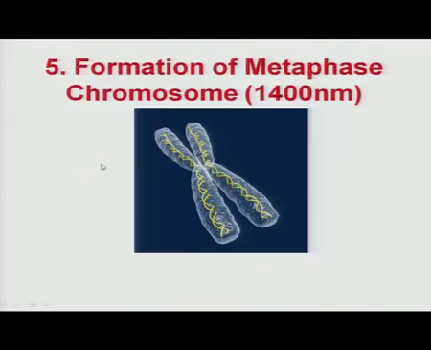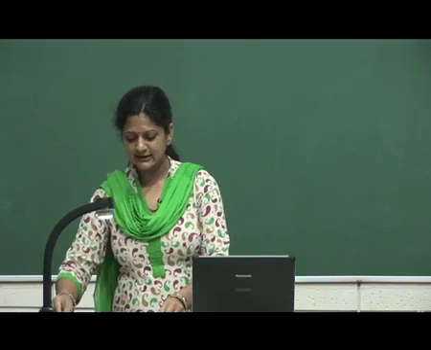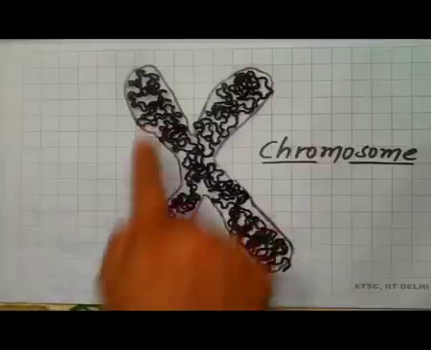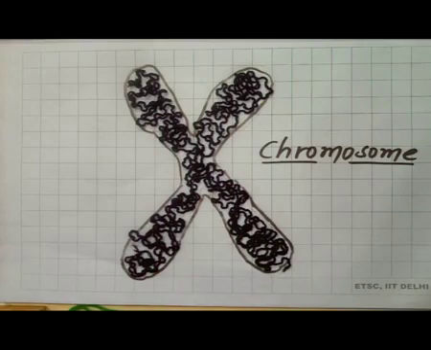And the last stage of packaging of DNA in the eukaryotic cell is the formation of chromosome, which we can see in metaphase of the cell cycle. This is how the chromosome is formed because of the packaging of the DNA.